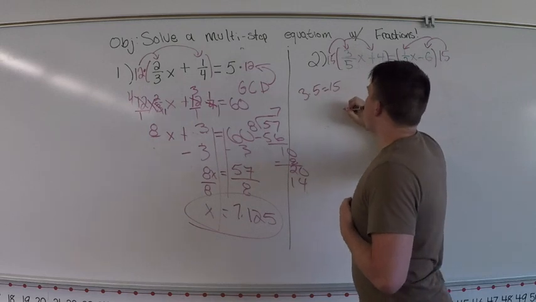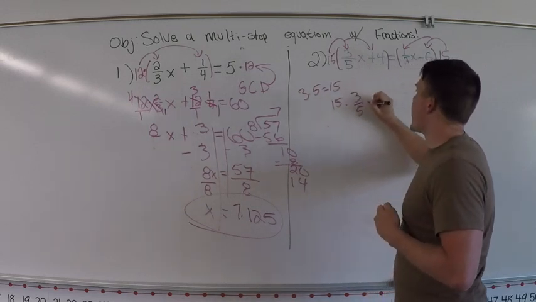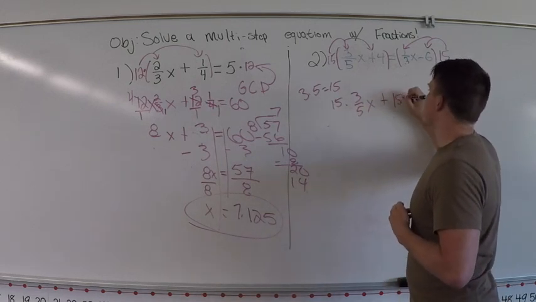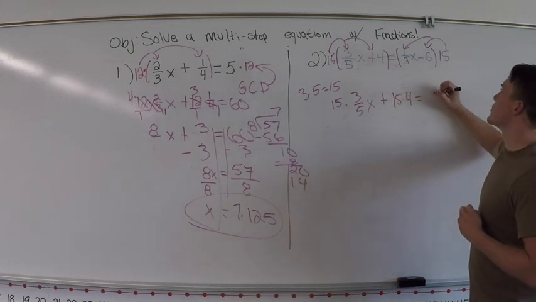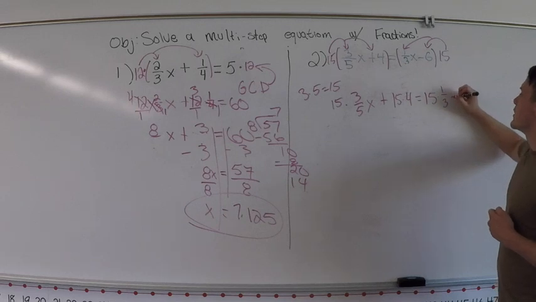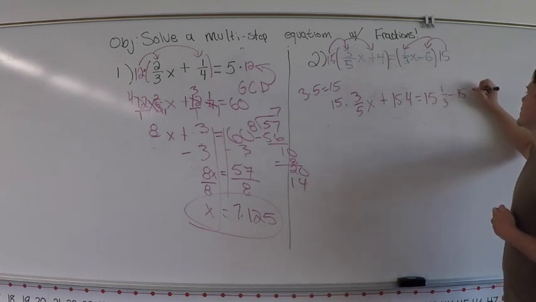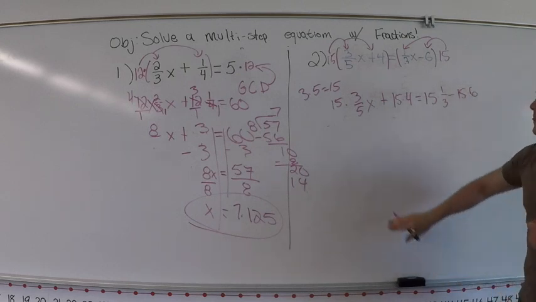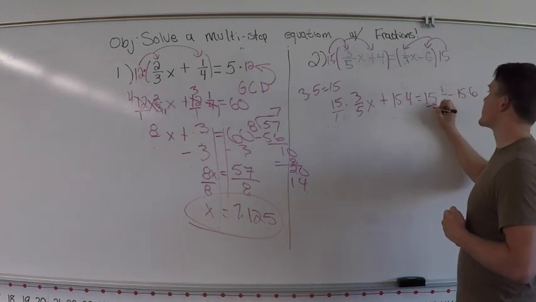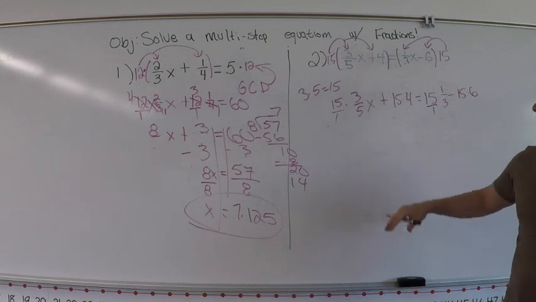So 15 is times 3/5 x plus 15 times 4 equals 15 times 1/3 x minus 15 times 6. I'm going to put the 1 wherever I see a whole number, because I need to make it into a fraction to multiply.